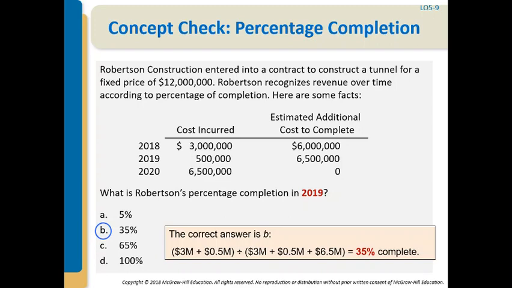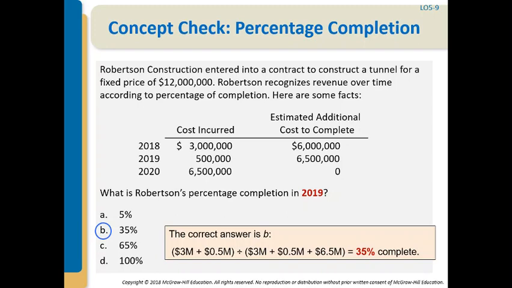At the end of year 2, they incurred total of 3,500,000, and they're expecting to bill total here of 10 million, which is the 3 million incurred in 18, the 500,000 incurred in 19, plus the additional 6.5 million they expect to incur in the future.